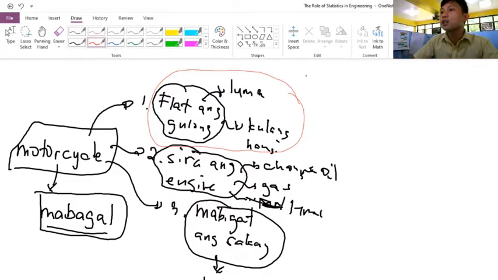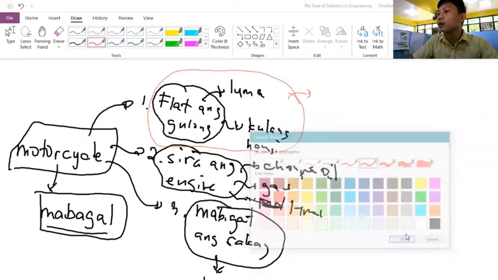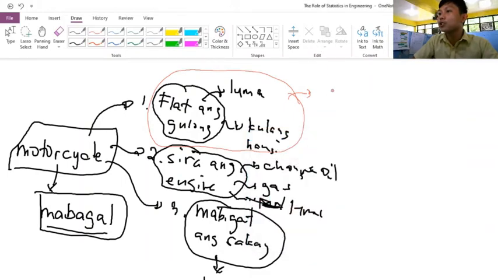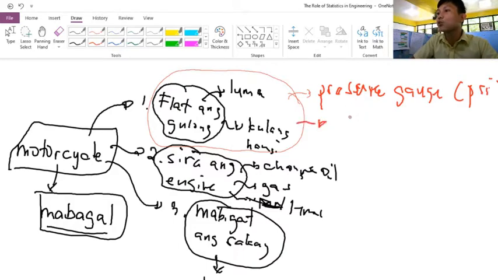Okay. So, for example, kapag flat ang gulong, siyempre, check natin yung pressure gauge, which is in PSI. Alright. So, ano pa ba? Siguro, check natin yung kapal or yung thickness ng gulong.